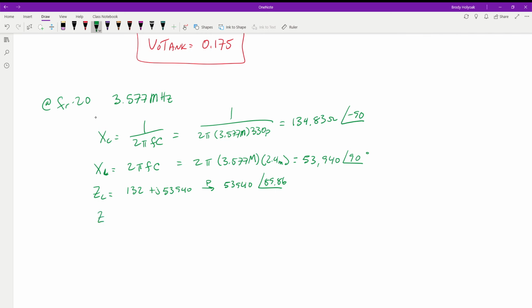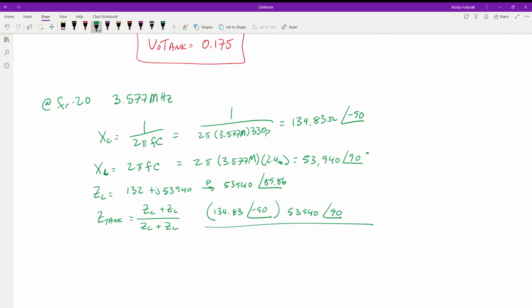Now we're going to find Z tank, the impedance of just the tank circuit. So we're going to use, again, product over the sum. Z of the capacitor times the impedance of the inductor over the impedance of the capacitor plus the impedance of the inductor. So we end up with 134.83 at negative 90, multiplied by 53,940 at 90.